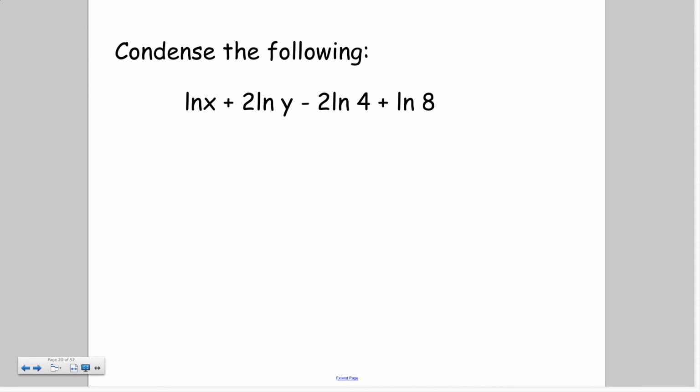And then our last one, a couple things going on again. We've got to multiply. We've got to divide. And we've got to multiply. So remember, everything in front of that subtraction sign is on top.